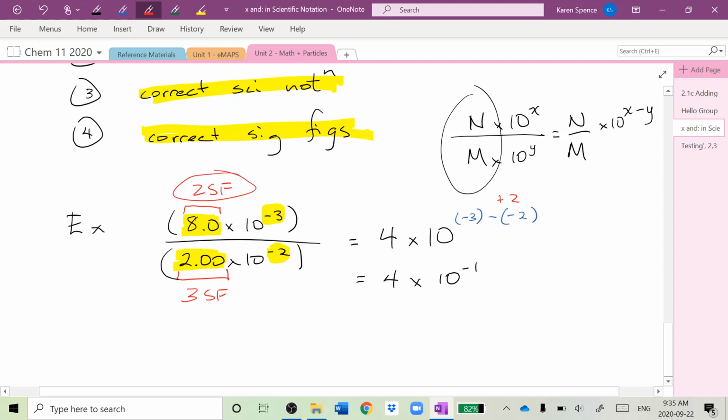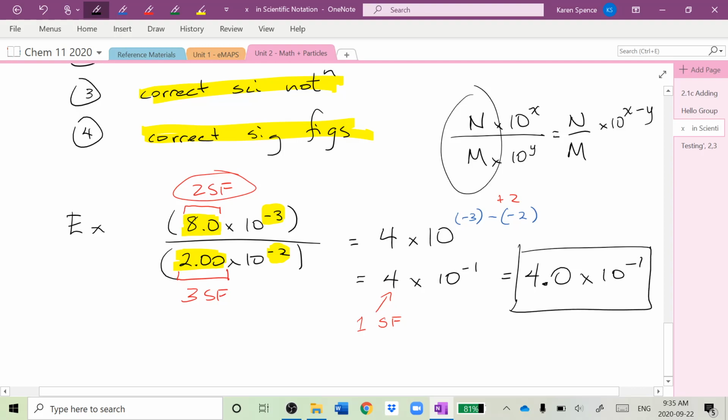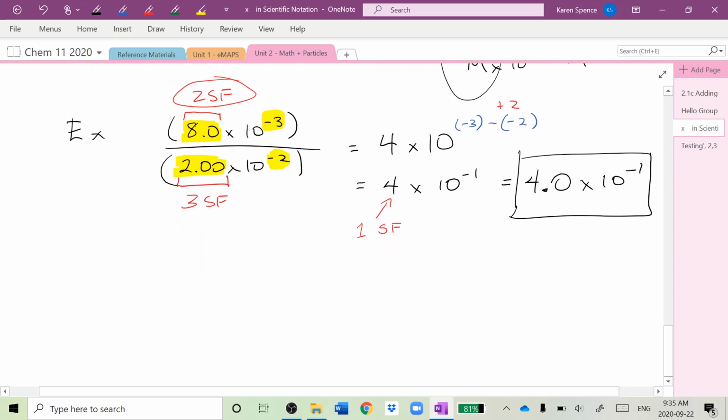So we need to have 2 sig figs. This has only 1 sig fig. So to fix that, we will add an extra 0 at the end. So it's going to be 4.0 times 10 to the negative 1. And remember, if you're showing your work, there's so much writing. Box your final answer so your teacher can be like, oh my gosh, look, I can see it. It's good.